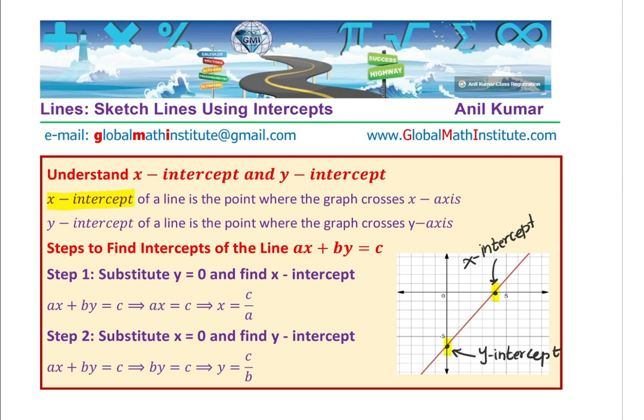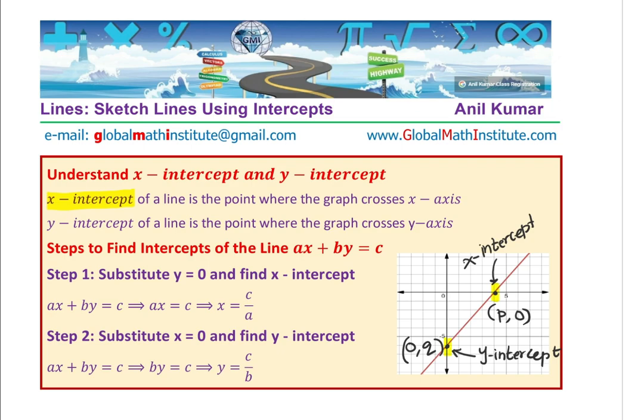So the coordinate point of the x-intercept will normally be what? The y value is going to be 0. So it will be some value, let's say p, and then 0 for y. For the y-intercept, the value will be 0 for x and q for y. So p and q could be any value, any integer for that matter.